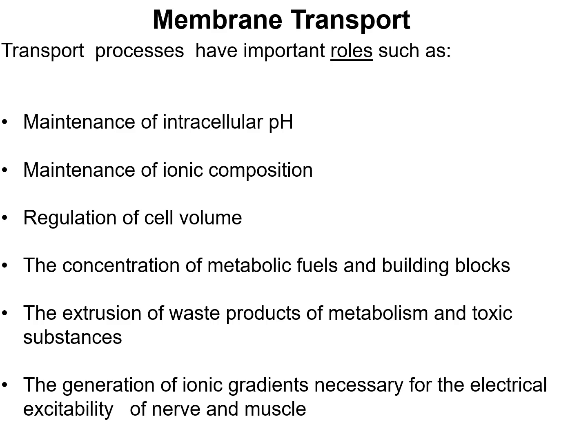And we also need to bring metabolically required material like glucose and amino acids to the inside of the cell, and to extrude other waste products to the outside. Such membrane transport is very important to give you the ionic gradients that we require for excitable cells like nerves and muscle to initiate an action.